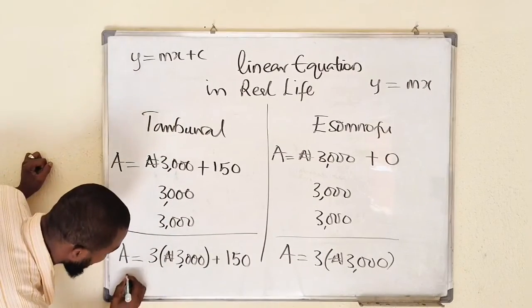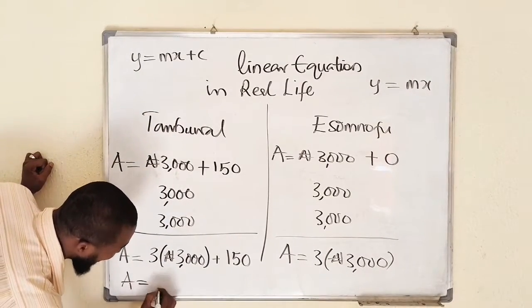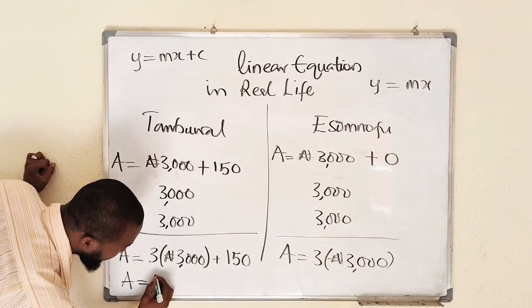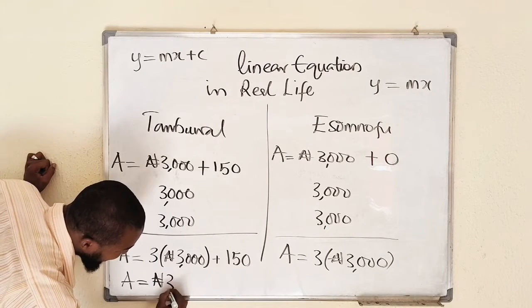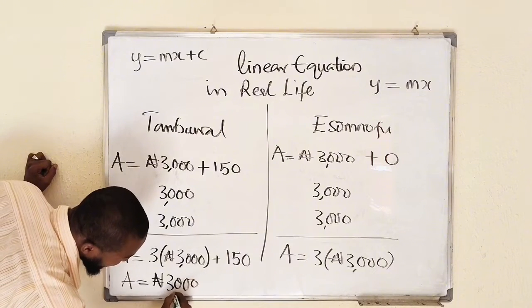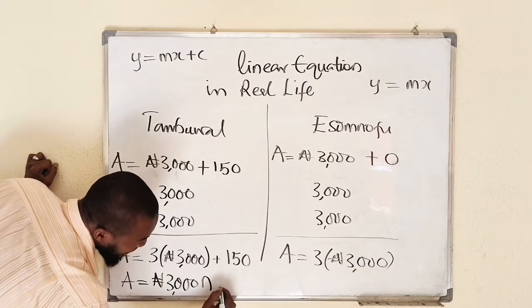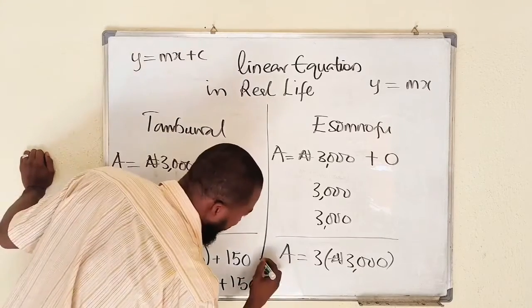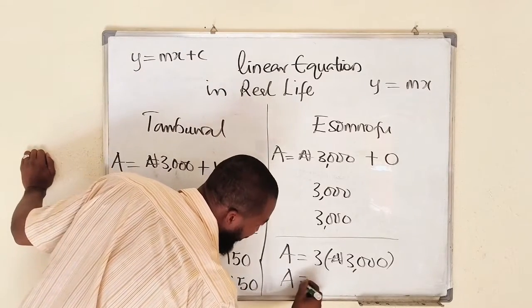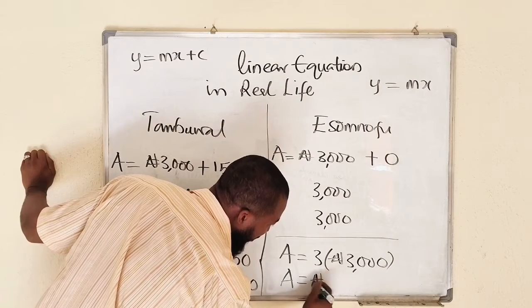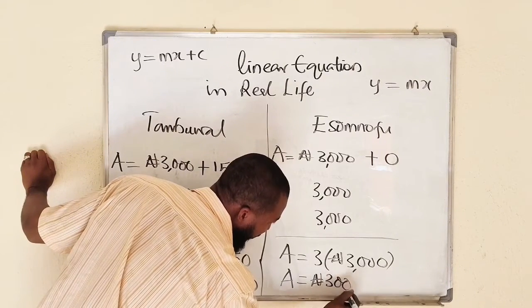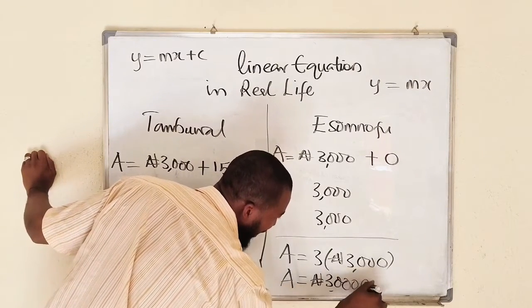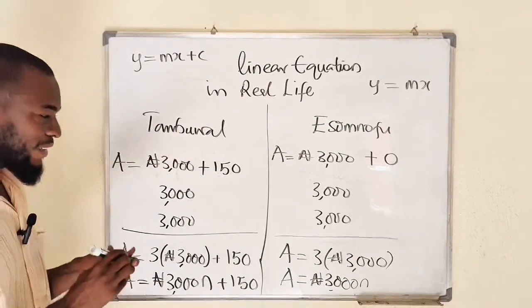Okay, let me write it here. My total amount after n weeks will be this 3,000 naira times n, then plus my initial amount. For Mr. Isomnofu, it will be 3,000 naira times n. Okay, can you relate?